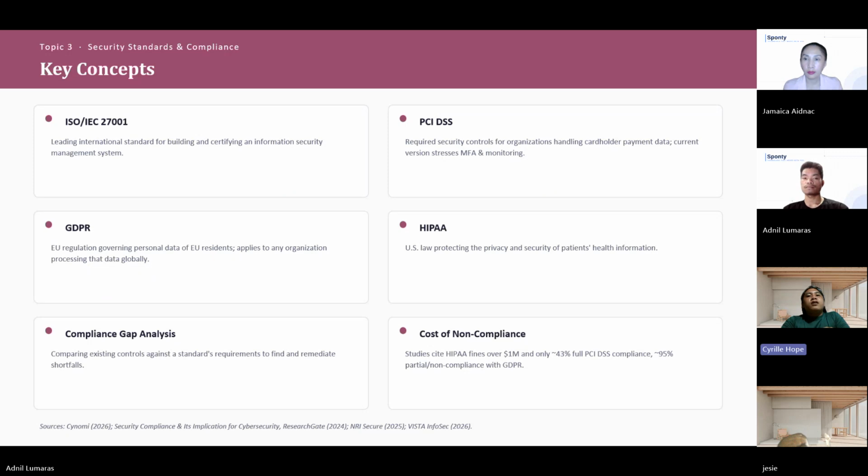Major standards organizations must know. Several standards recur across industries. ISO IEC 27001 is the leading international standard for building and certifying an information security management system, and it's the same standard that underpins much of the policy guidance our first group discussed.